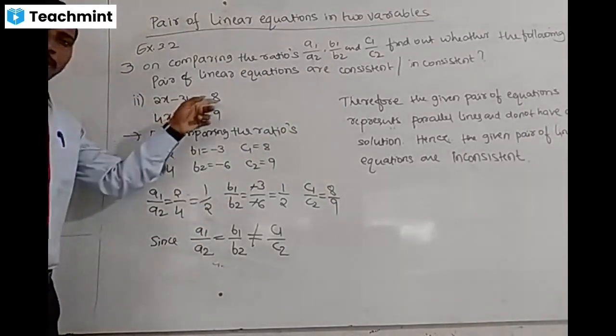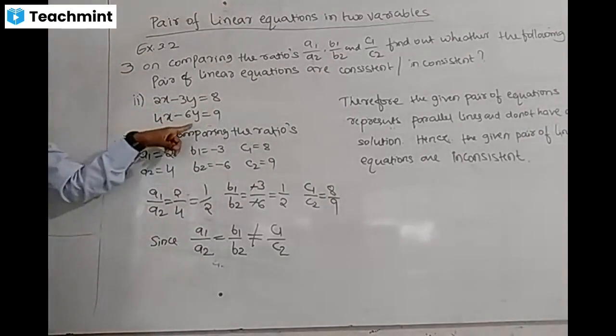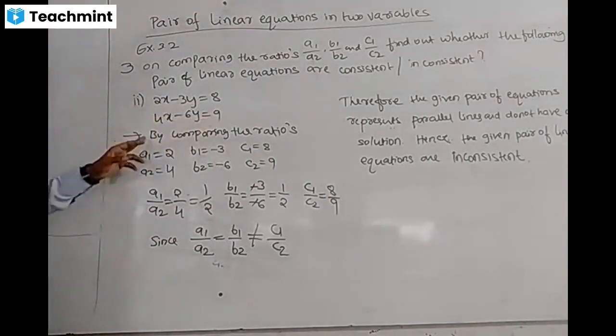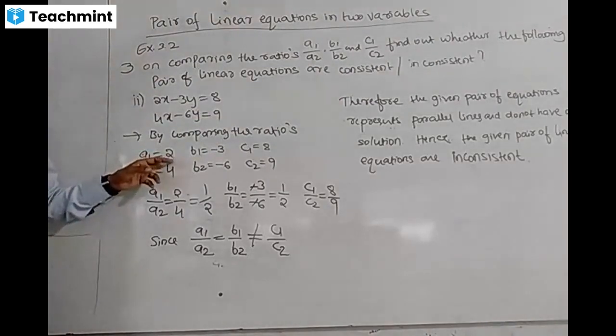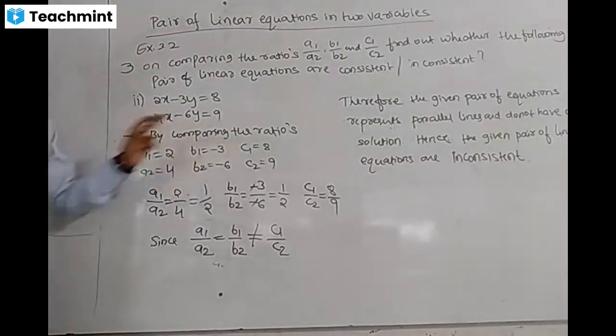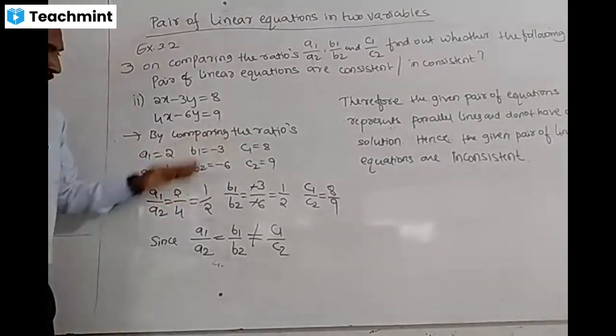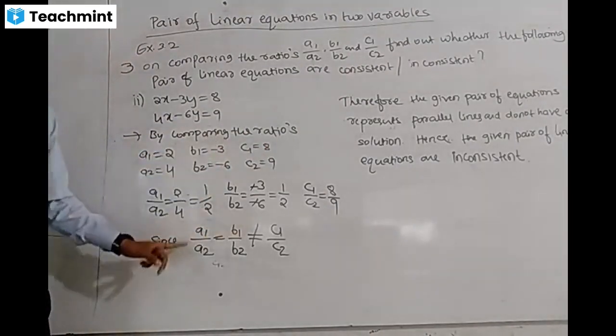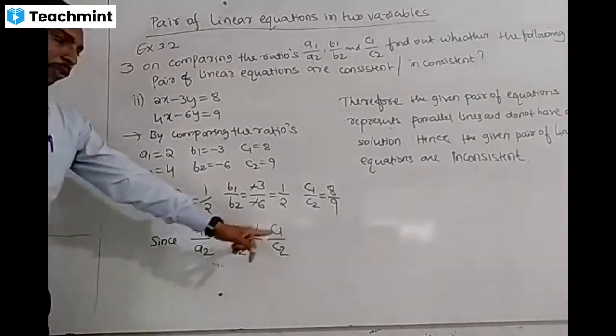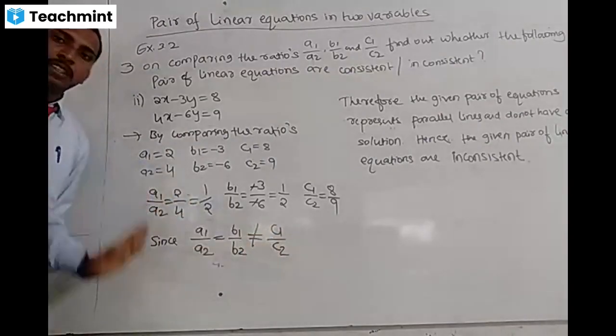Here 2x minus 3y is equal to 8, and 4x minus 6y is equal to 9. By comparing the ratios, a1 is equal to 2, b1 is equal to minus 3, and c1 is equal to 8. So now, by comparing, you will get a1 by a2 is equal to b1 by b2 is not equal to c1 by c2.